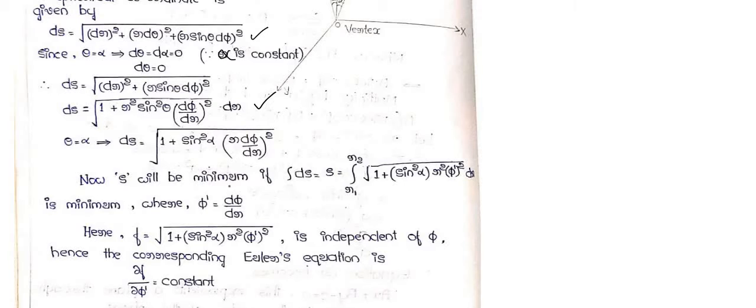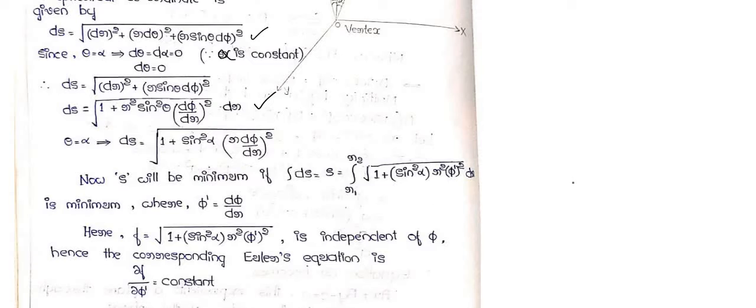Now s will be minimum if the integral of ds, which is s, is minimum. So we take integration on both sides. Here r varies from r1 to r2. Phi dash means d phi by dr. So f equal to root of 1 plus sin square alpha r square phi dash square, which is independent of phi.